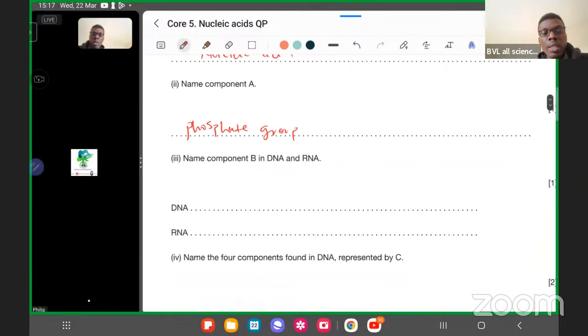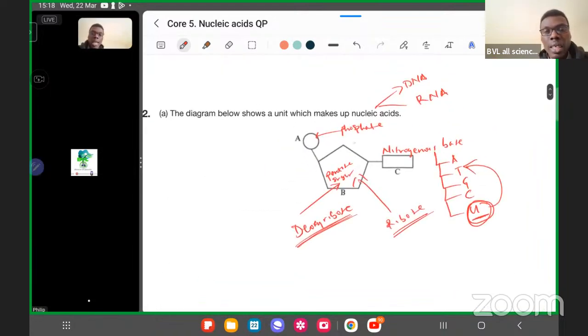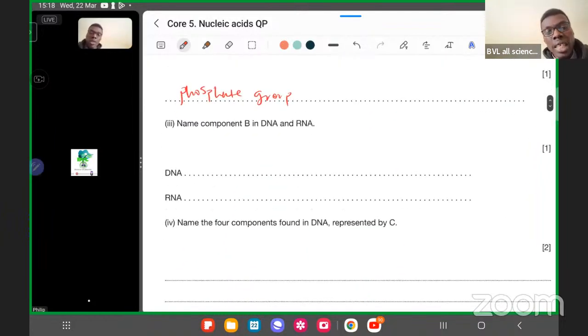So name the component B. This component B is telling you what it will be if it is DNA, and what it will be if it is RNA. So for DNA, it's going to be called deoxyribose sugar, while RNA is going to be just ribose sugar for short.